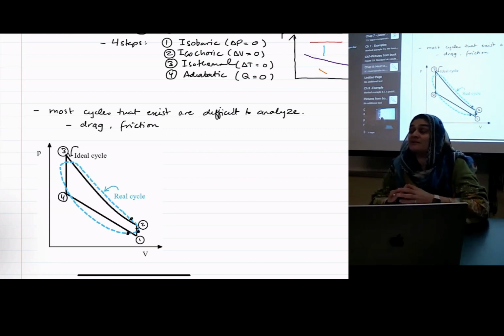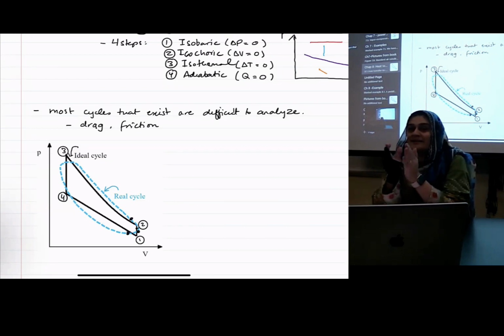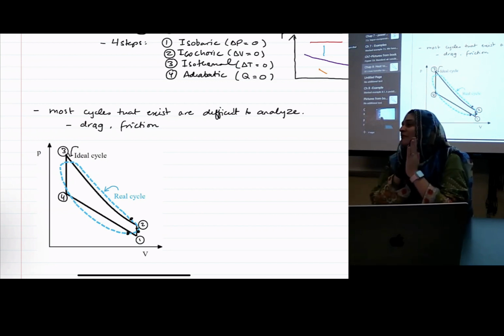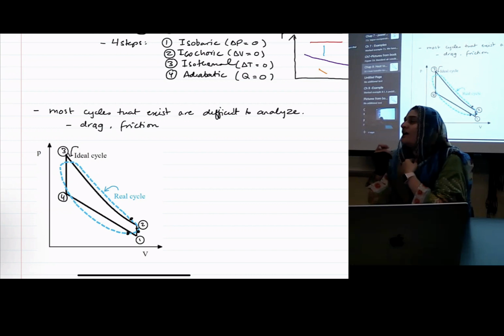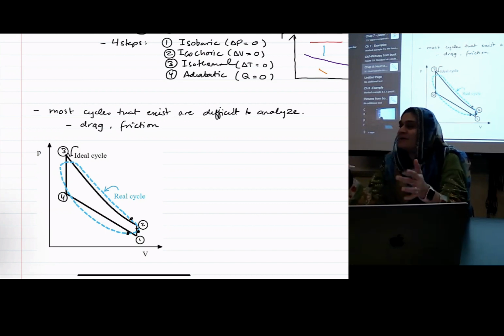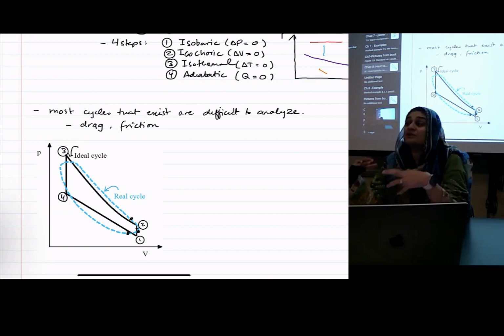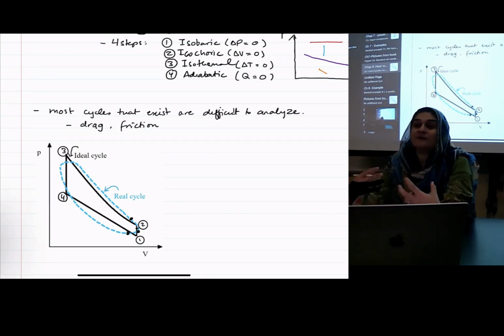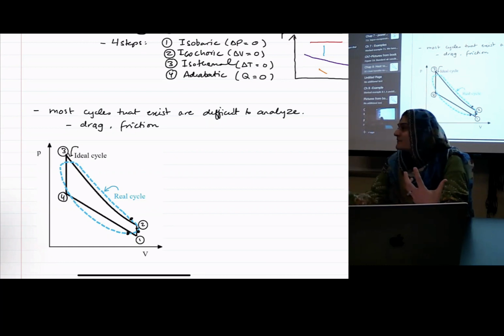So our choices in thermodynamics are take an ideal cycle, do all your calculations, and then figure out how wrong you were. Make sense? And that's an engineer's job. Our job is to deal with ideal cycles. Their job is to figure out how wrong the ideal cycle was to the real one, and how to get your real cycles as close to ideal as possible. Make sense? Okay.